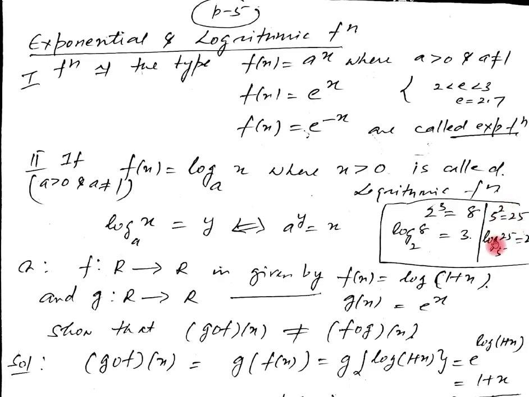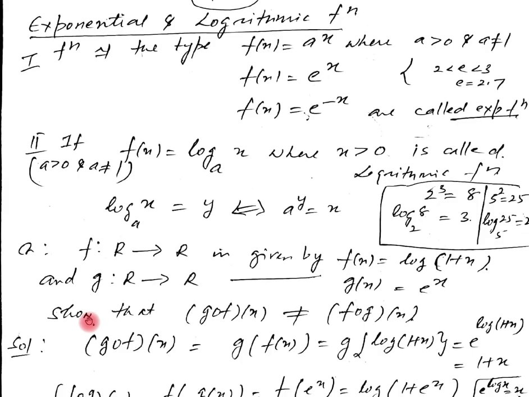We can write it in the logarithmic form, meaning log of 25 with the base 5 is equal to 2. These are the two definitions of the exponential function and the logarithmic function. Both are the converse of each other. This implies this and this implies this. This is a new function in the 12th class that you are learning, exponential and logarithmic function.